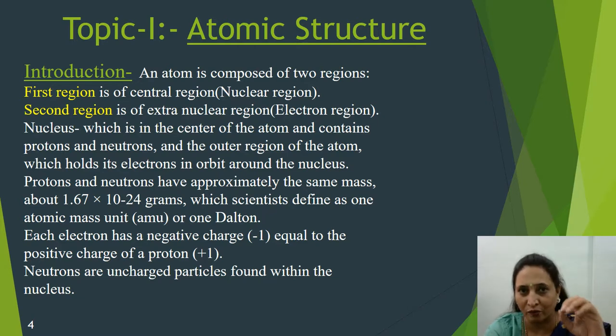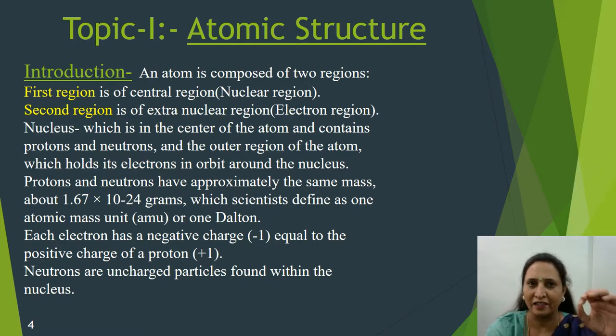Now what is the role of these neutrons? They are present at the center, that is at the nucleus. The nucleus has positive charge, so there may be chances of repulsion between the positive charges. To avoid this repulsion, neutrons play an important role. So these are the 2 regions.